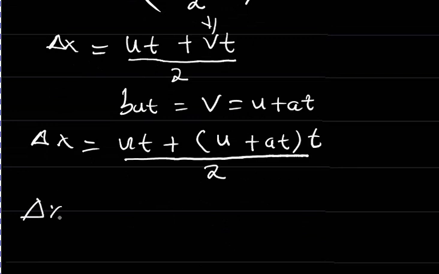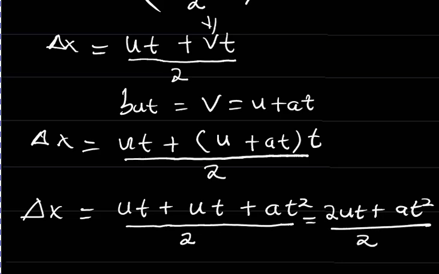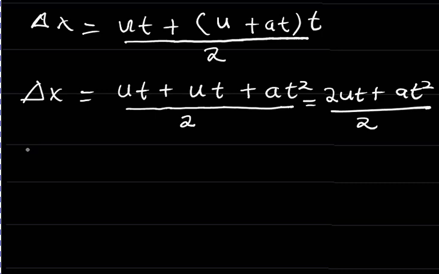So delta s is going to be equal to, open this bracket, ut plus ut again, then plus at square, all divided by 2. So this is ut plus ut gives us 2ut plus at square, all divided by 2. If I separate this fraction here, I'm going to have 2ut all over 2.